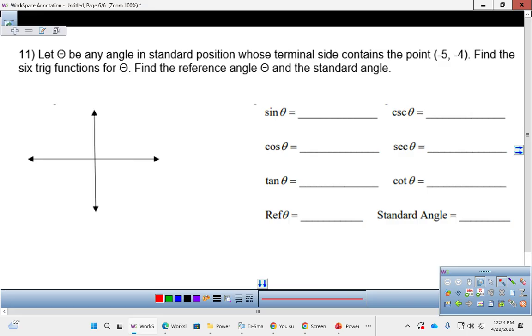So if I'm plotting the point -5, -4, my terminal side falls in quadrant 3. Now you're going to make your reference triangle with your x-axis. So here's your reference angle. My next question for you is going to be, what is the measure of the hypotenuse?